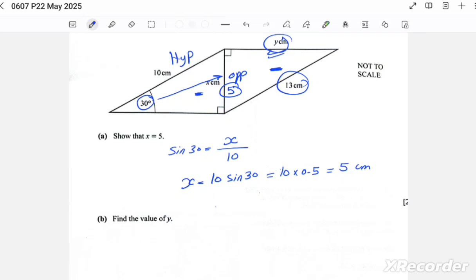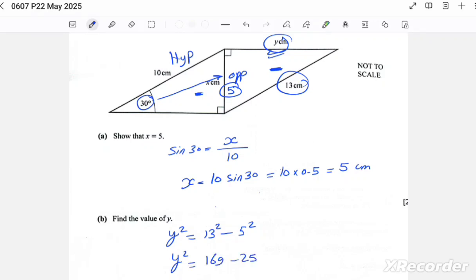So how to use Pythagoras in this case? y squared equals the hypotenuse squared, which is 13 squared, minus the other side, which is 5 squared. And so y squared equals 169 minus 25.